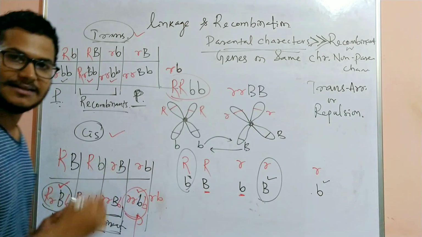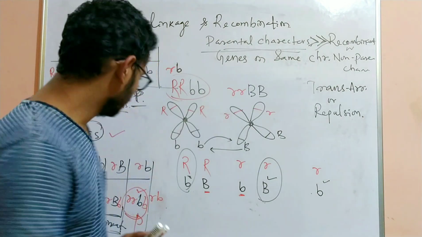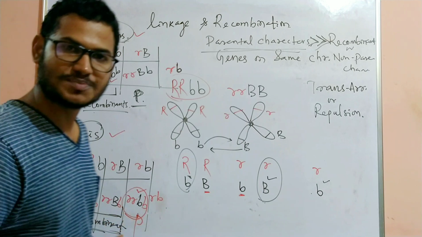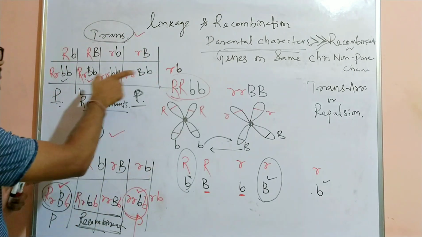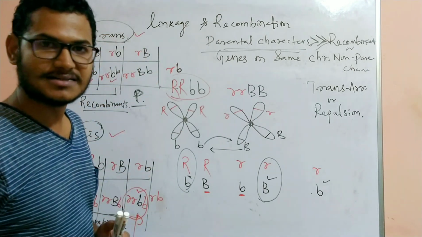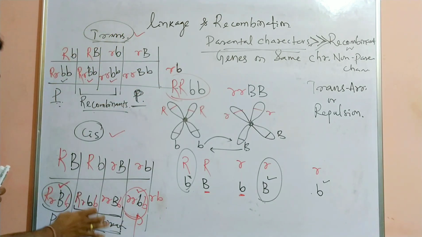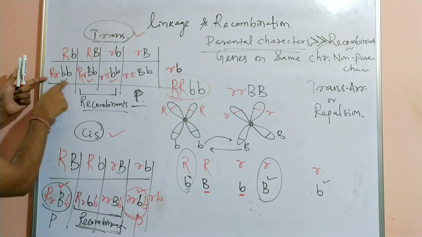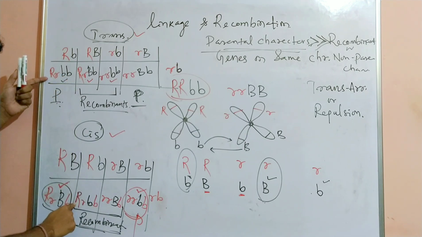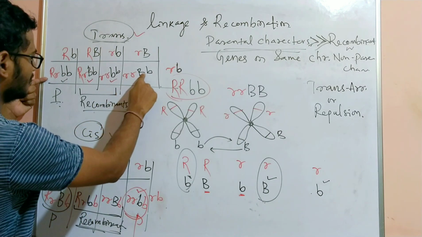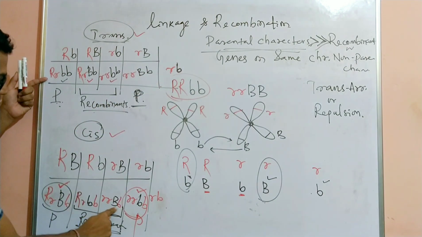So the parental characters in the result of cis arrangement are equal to the recombinants in the trans, and the parentals in the trans are equal to the recombinants in the cis. Look, this one is parental: capital R, small r, both small b; and small r, capital B, small b.